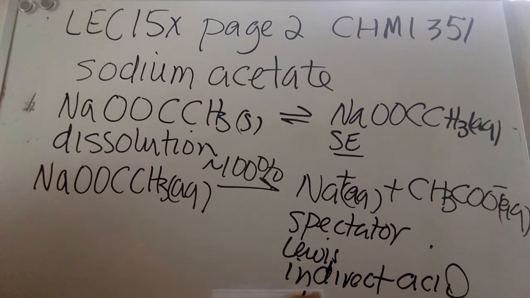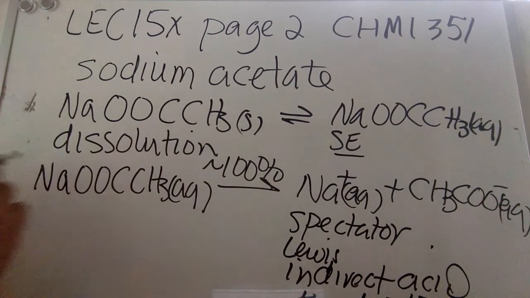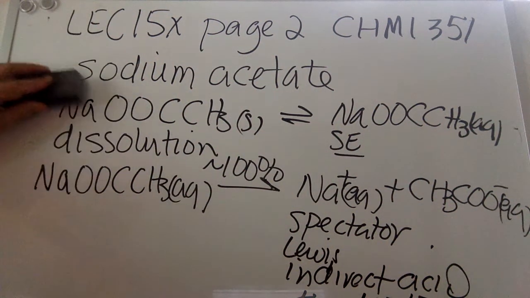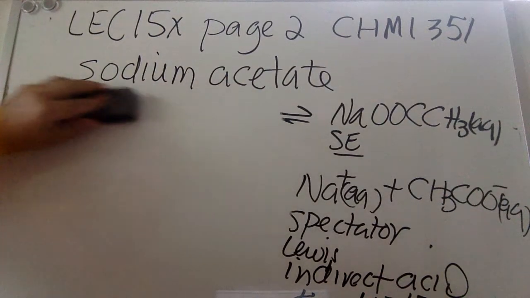But its Ka we modeled as approximately equal to 10 to the minus 18. So as an acid, it's weaker than water. So that's why we call it a spectator. Again, that's on a totally different video. So now what we're going to do is focus on the other species, which is the acetate ion.